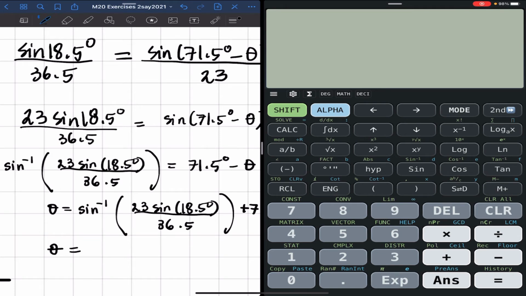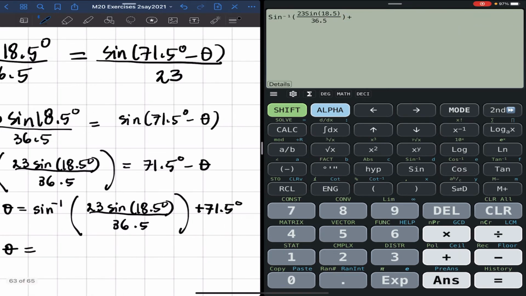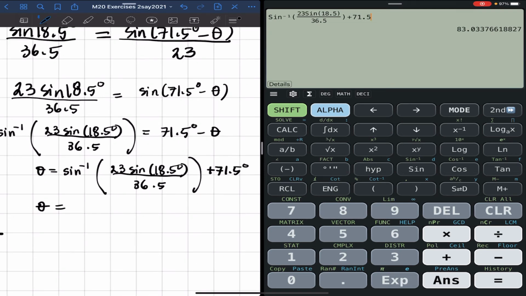Okay, sin inverse. Make sure na naka-degree yung calculator ninyo kasi naka-degrees yung mga angle natin sa problem na to. Divided by 36.5 plus 71.5 or 83.03 degrees, approximately equal to.